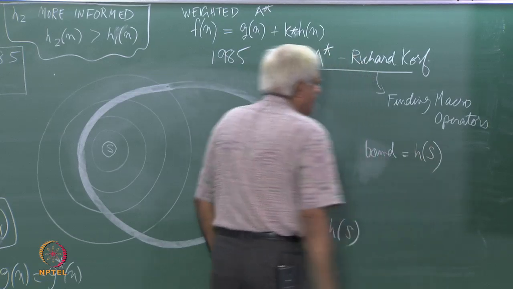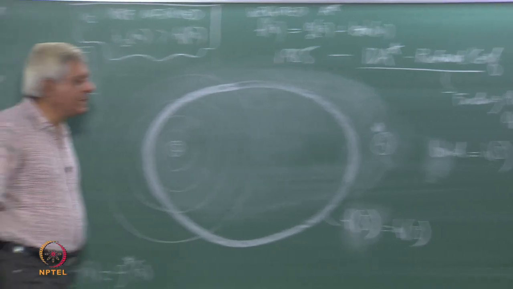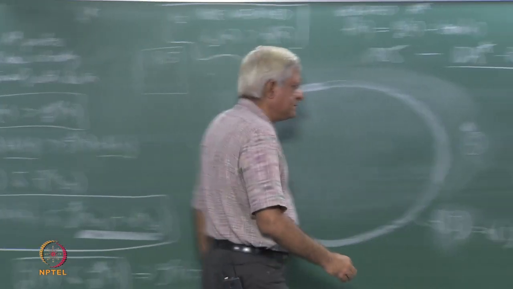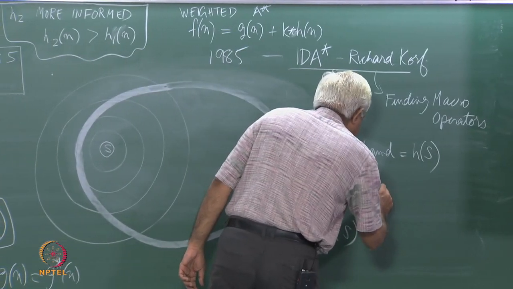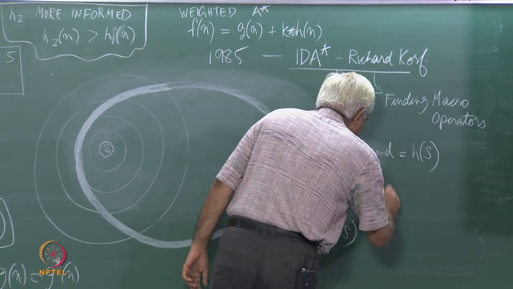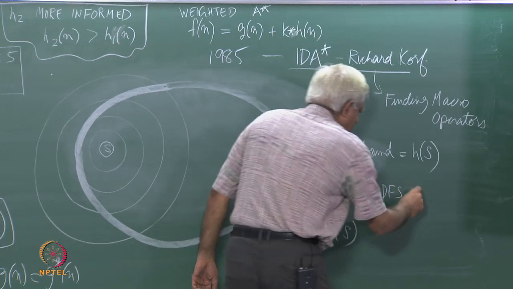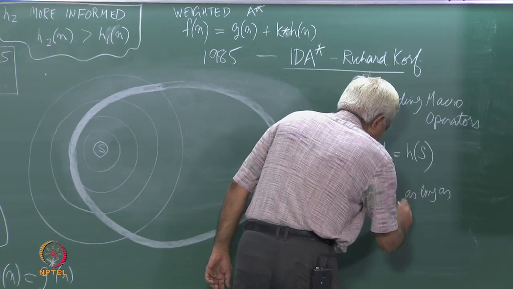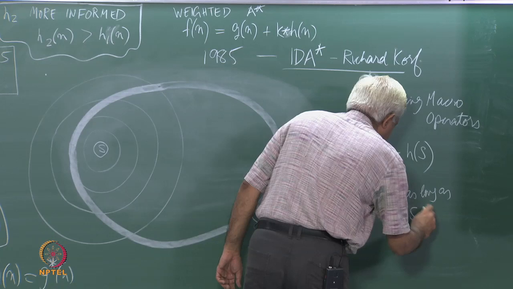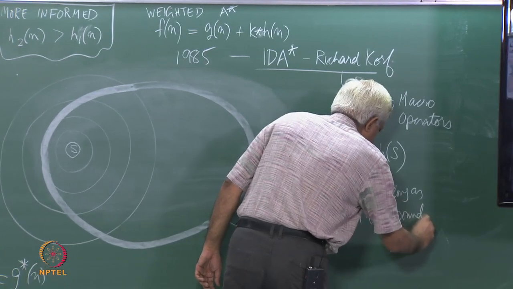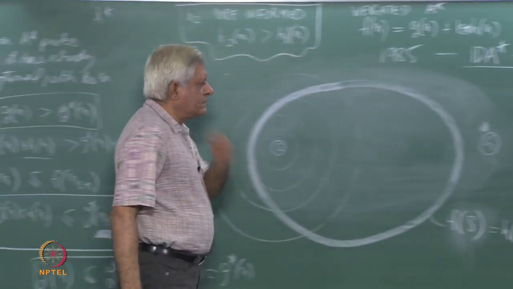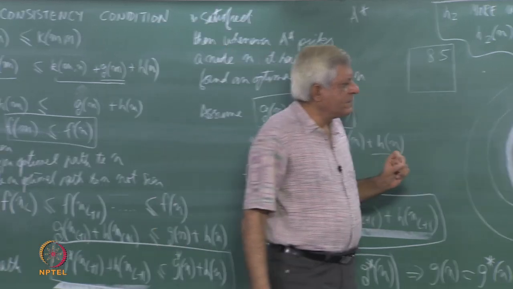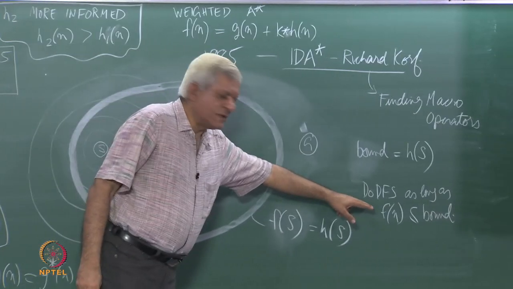It starts with bound equal to h of s, and it does a DFS as long as the f value is less than the bound.